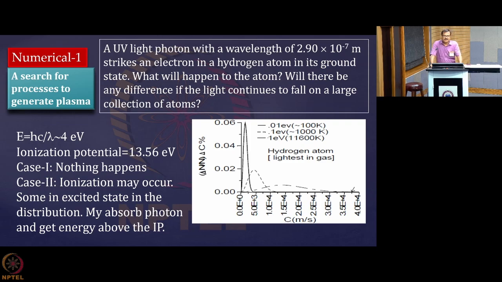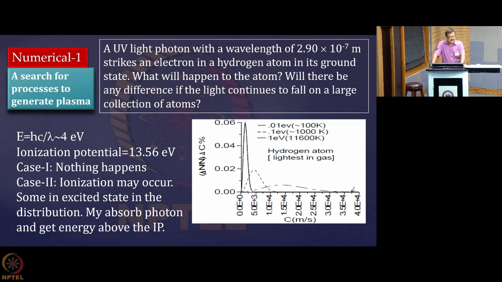So as you go to higher temperature, more and more particles move towards the higher velocity zone. This is called the Boltzmann tail. It asymptotically reaches zero, and in the tail region there may be certain particles which already have very high energy.